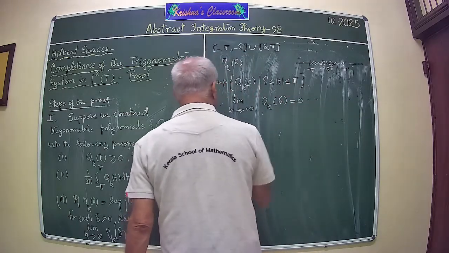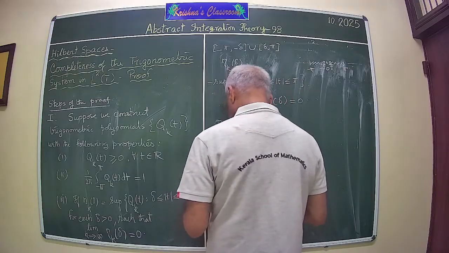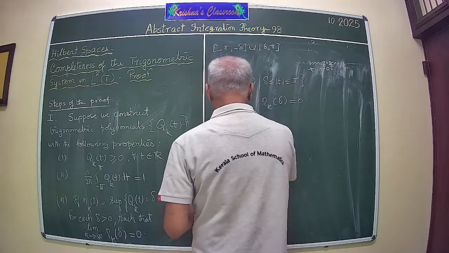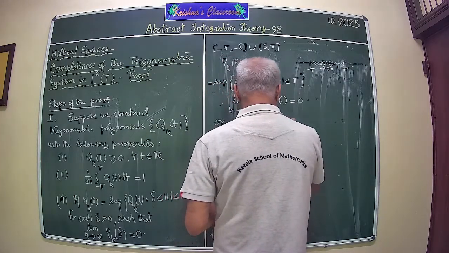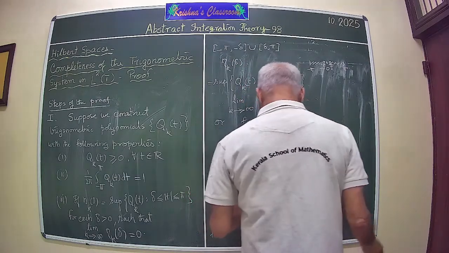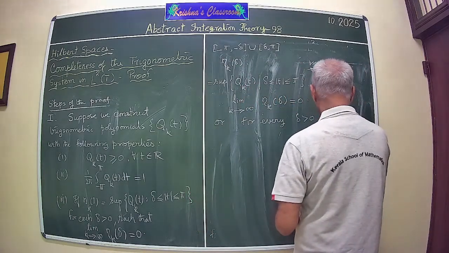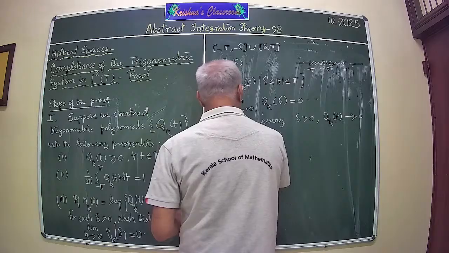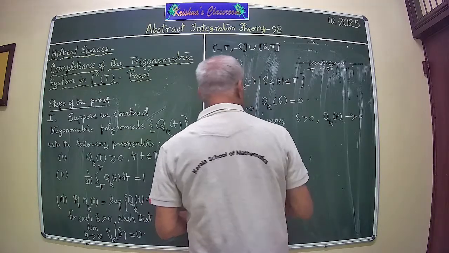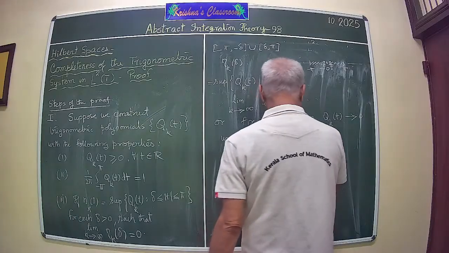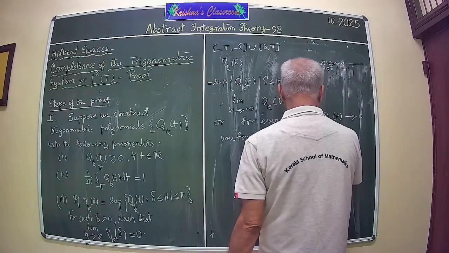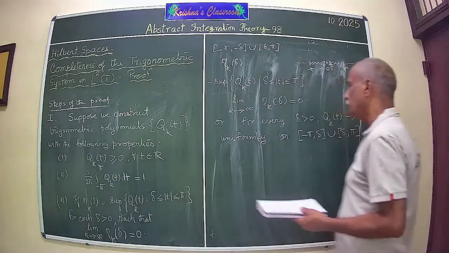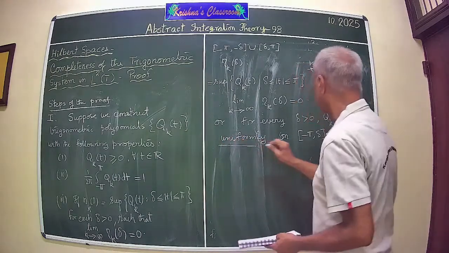Or what you want to prove is this: for every delta positive, Qk(t) goes to 0 uniformly on minus pi to pi outside minus delta to delta. So this is the result that we want.